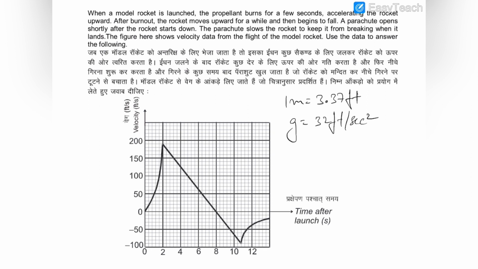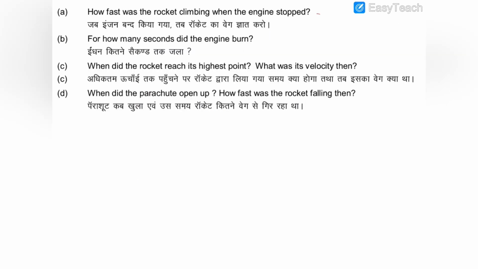At this instant of time, you can see that this marking has 5 blocks, 1 2 3 4 5, and the difference of each block is 10. So the rocket velocity at this point was 190. So the correct answer is 190 for this one.